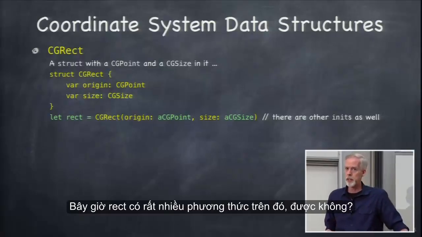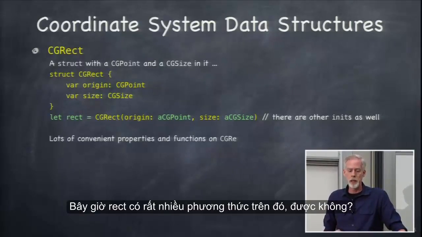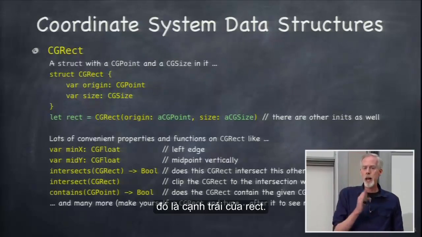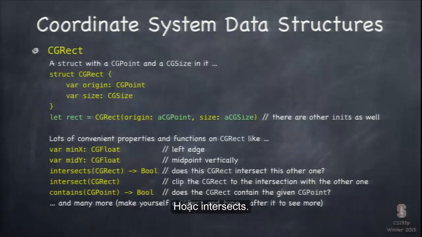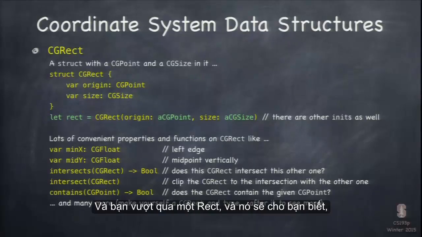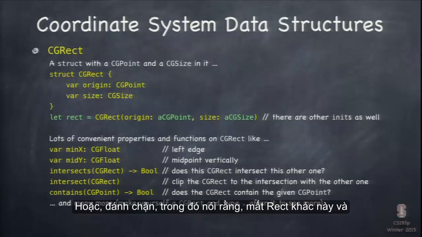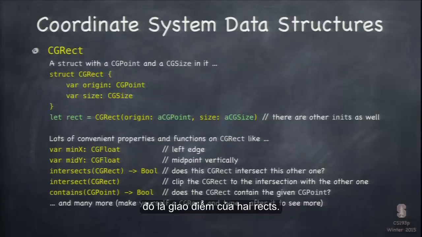Now rect has a lot of methods on it. Okay, rect has things like minX, which is the left edge of the rect, or midY, which is the midpoint of the rectangle vertically, or intersects, where you pass it another rect and it'll tell you as a Boolean whether the two rects overlap. Or intersection, which says take this other rect and create a smaller rectangle, which is the intersection of those two rects.